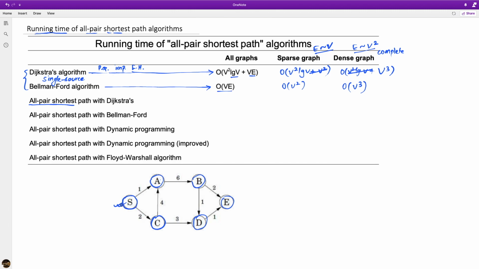So I can run Dijkstra's algorithm with S as my starting vertex, and then A as my starting vertex, and B as my starting vertex, repeatedly for each of the vertices in my graph, and then obtain all pair shortest path.